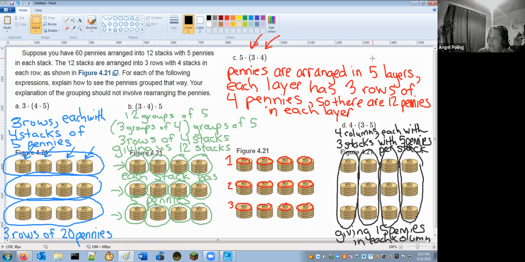And so we counted this same amount of pennies 4 different ways. And those ways involved the commutative property and the associative property.